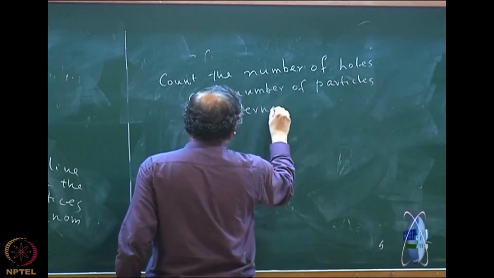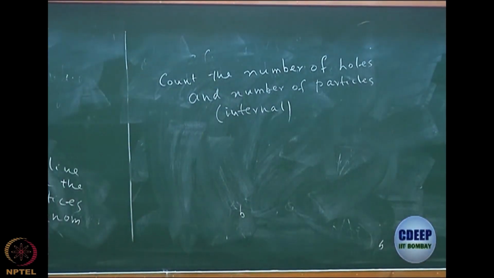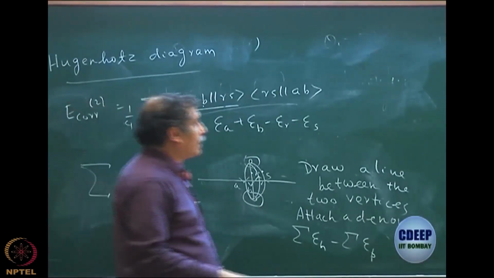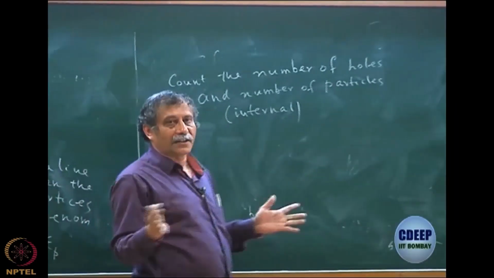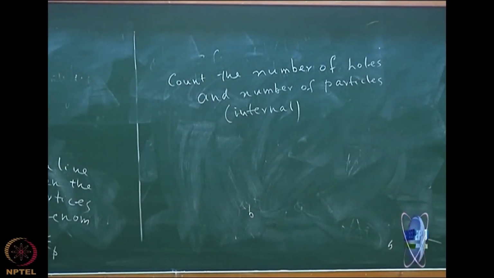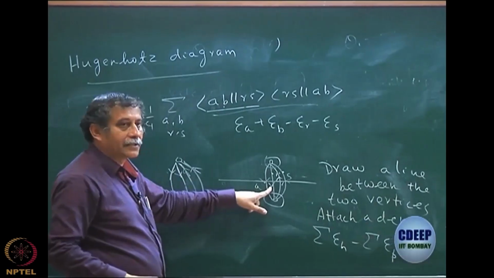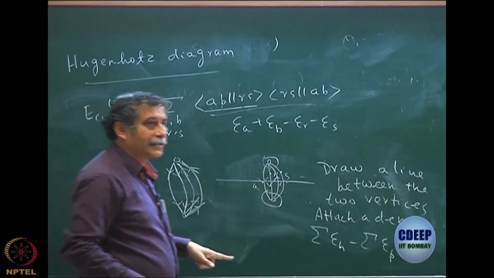Internal lines are lines which are summed up completely. So how many holes are there? After contraction, this is one line now. So you can count the number of contracted holes and contracted particles. So don't think of 2 here and 2 here. They are now contracted. So you actually have 2 hole lines, 2 particle lines, right?